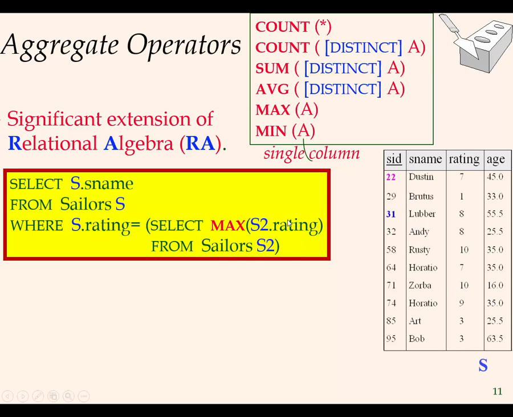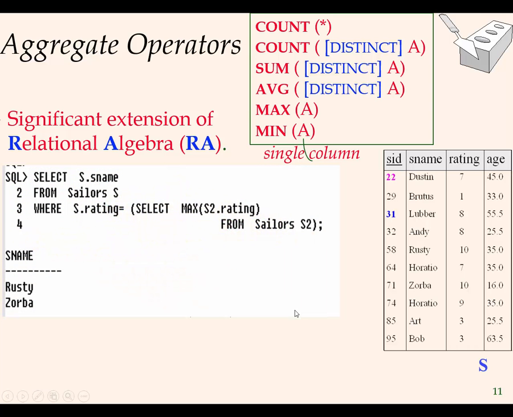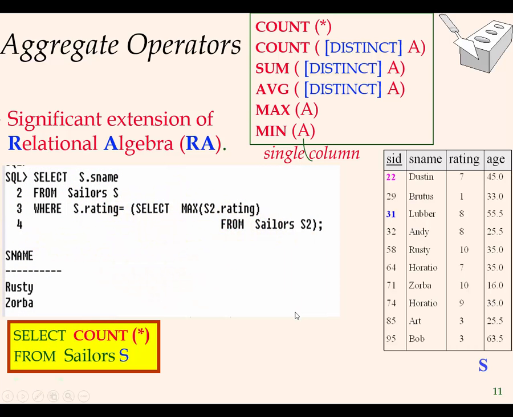You are going to use that 10, so you're going to return the name or names of the sailors with rating 10. If you look manually, you can see that I have 2 tuples in my output relation, Rusty and Zorba. I did run this to prove to you that it works, and this is what I got.